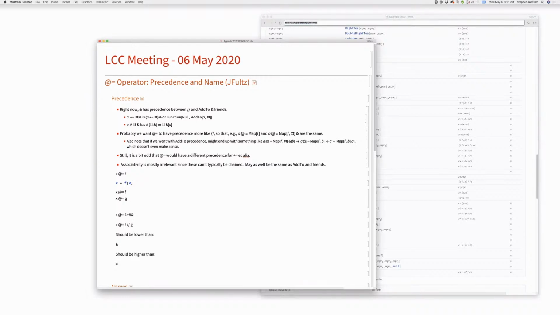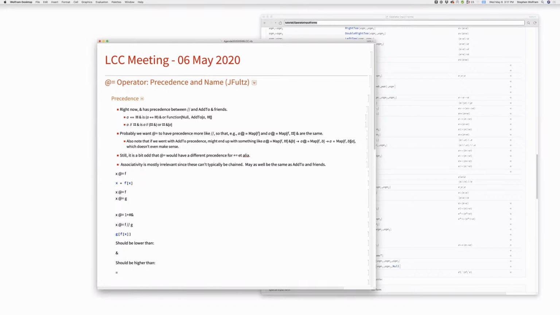Do you agree? Either way, this is going to return g of f of x. It's always going to return that. The question is, what did it assign?